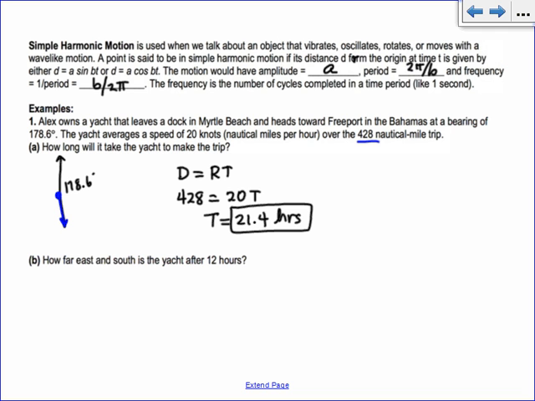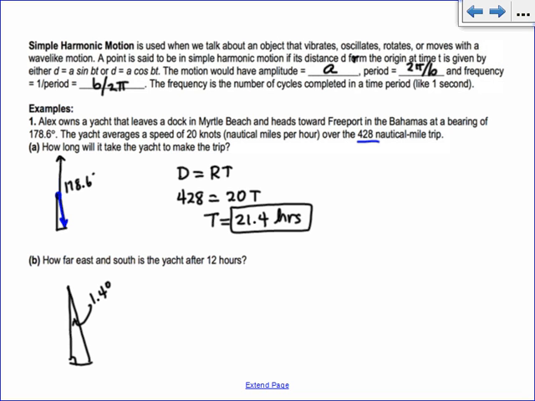So it says, how far east and south is the yacht after 12 hours? Okay, so what we're going to do is we're going to draw this little triangle in. It's a hard triangle to draw. It's very skinny. And what is the angle right here at the top? Yeah, it's 1.4 degrees. Do you guys see that? You did 180 minus the 178.6.